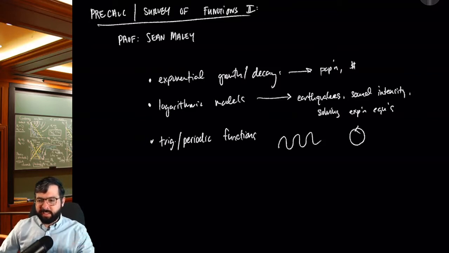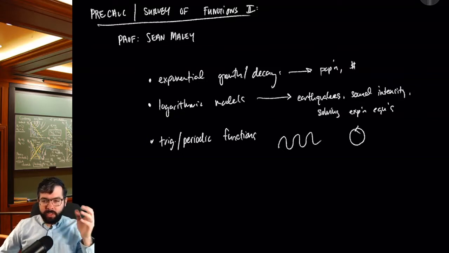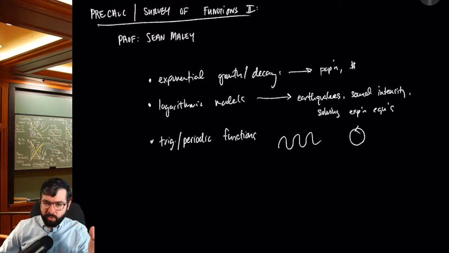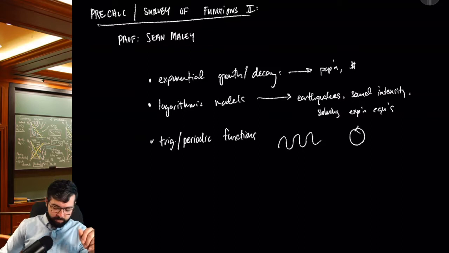So things that repeat, things that fluctuate, things that oscillate, all can be modeled with trig or periodic functions. And they're really all just boiled down into sines and cosines, which you've heard from triangle trig, but maybe haven't seen in this context. This is a really cool unit. Anything with waves, anything involving electricity, magnetism, trig and periodic functions play a huge role. So if you're moving into that field, that will be something you want to keep your ears open for.